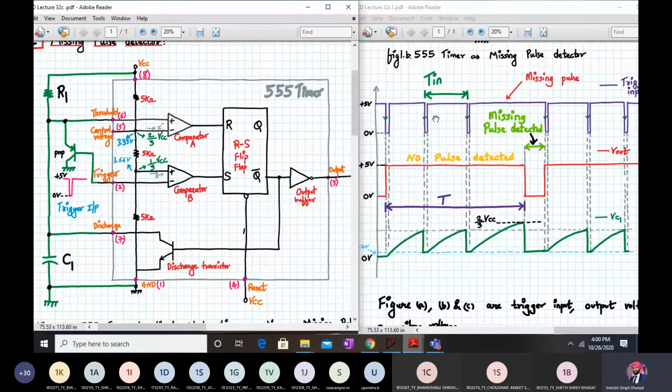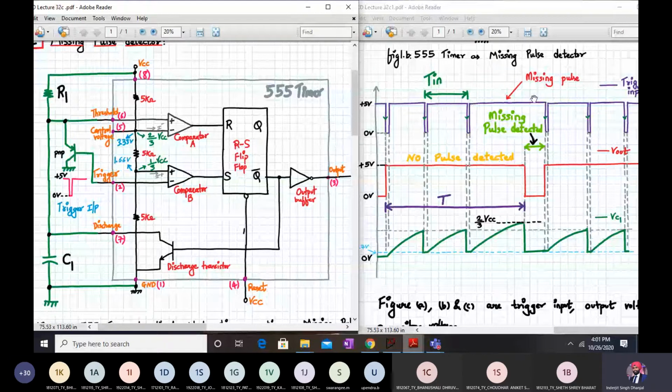And again, when the trigger pulse goes back to high, the capacitor will start charging, and it was reaching towards 2/3 VCC, but it will not. Again, the next trigger pulse is applied. Now see over here what will happen. Let's say the next trigger pulse is missed. The trigger pulse is not going low, it is remaining high only.